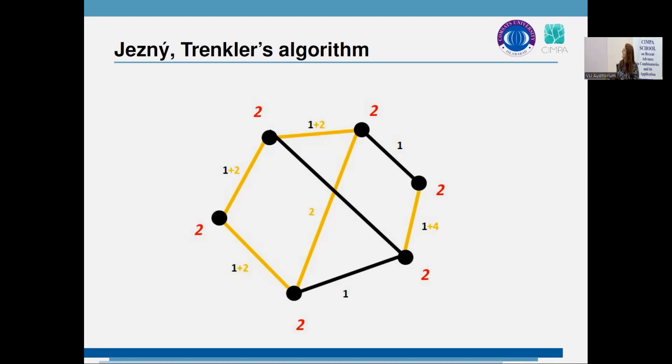So what happens? This will increase the weight of every vertex by 4. Okay, so we have this one.